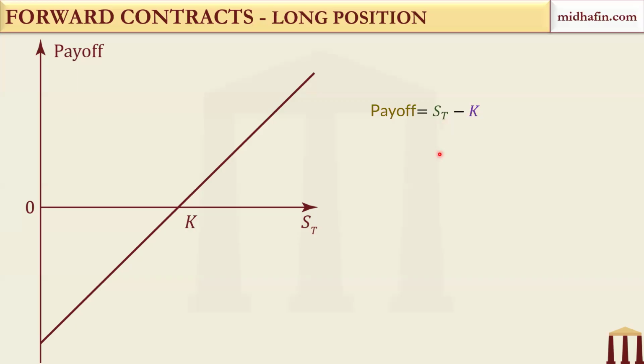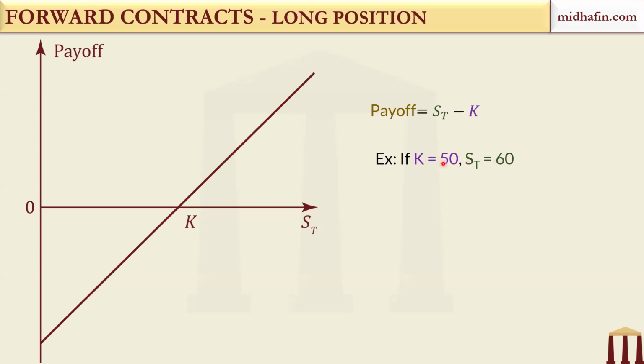So we can take an example. Let's say when you entered into the contract, the forward price at that time, the agreed upon price, the strike price or the exercise price of the forward contract, was 50. But once the contract expires, the price of the asset is 60. So you have to settle it now.